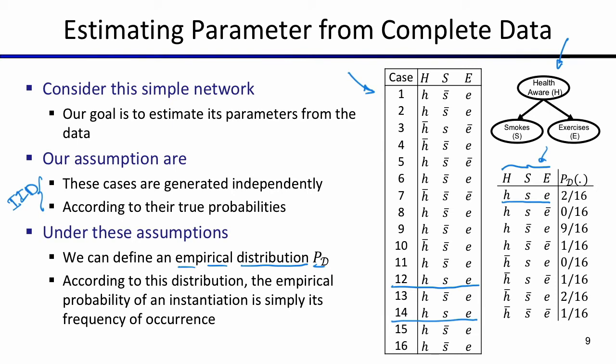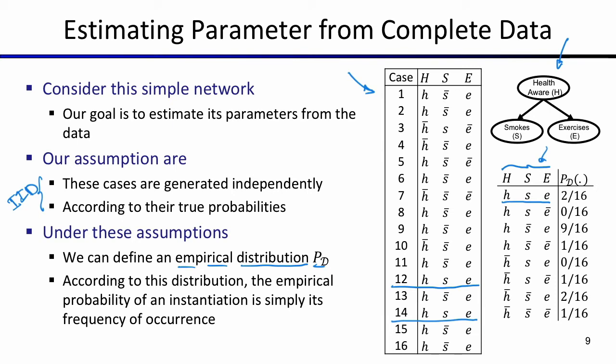So in practice, we don't compute this empirical distribution because this table is going to be huge. Here, because we are only working with binary variables and a small number of variables, it is very small, but it will grow exponentially with the number of variables. So when we compute the parameters, we don't go through this process of building the empirical distribution. We go directly from the training set to the parameters.